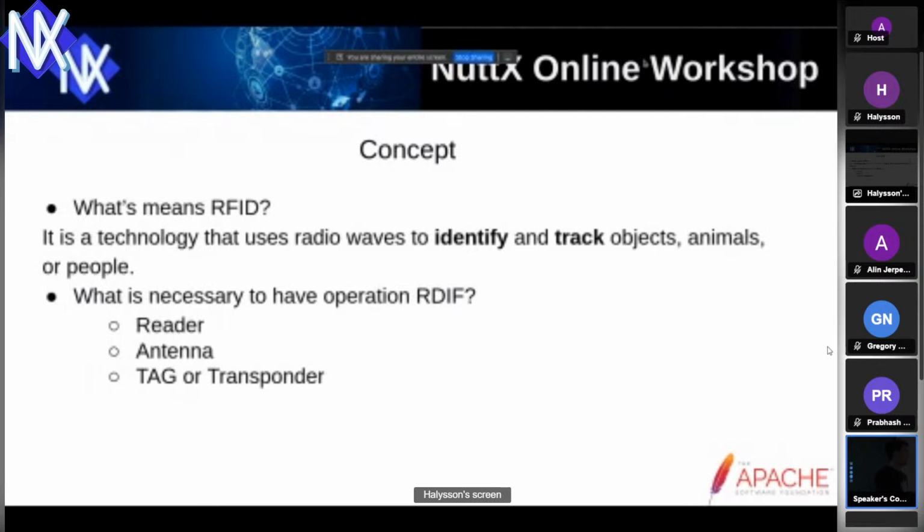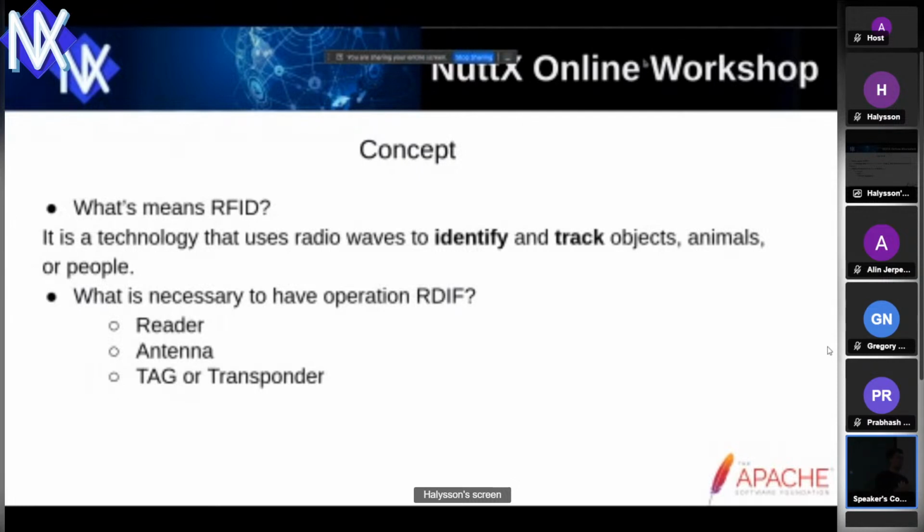Another question I bring to this presentation is, what is necessary to have an RFID operation? Basically, we need three components: the reader, the antenna, and the tag or transponder. The reader, as you know, basically reads the data and sends it to some place, some host.